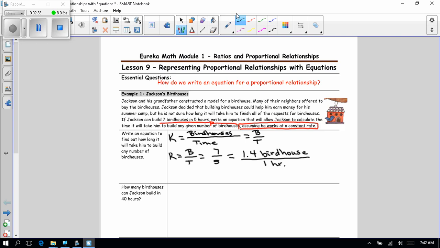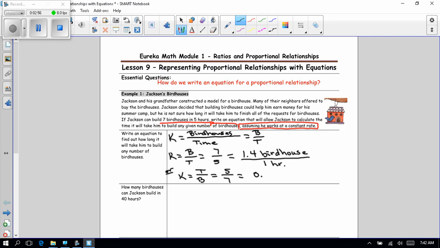Or if we wanted to, we could do it the opposite. How much time per birdhouse, right? Hours per birdhouse. So we would do 5 divided by 7. I'm going to just round it because it's not perfect.